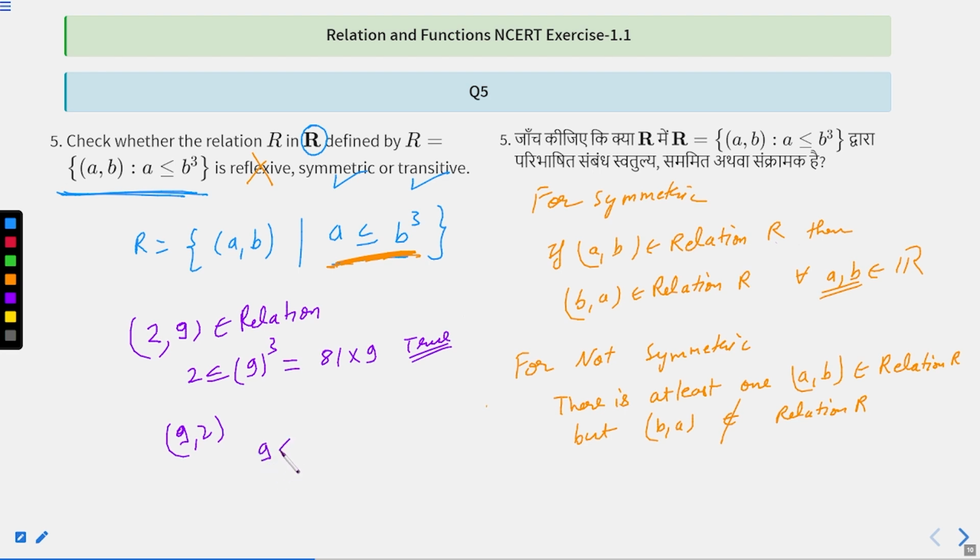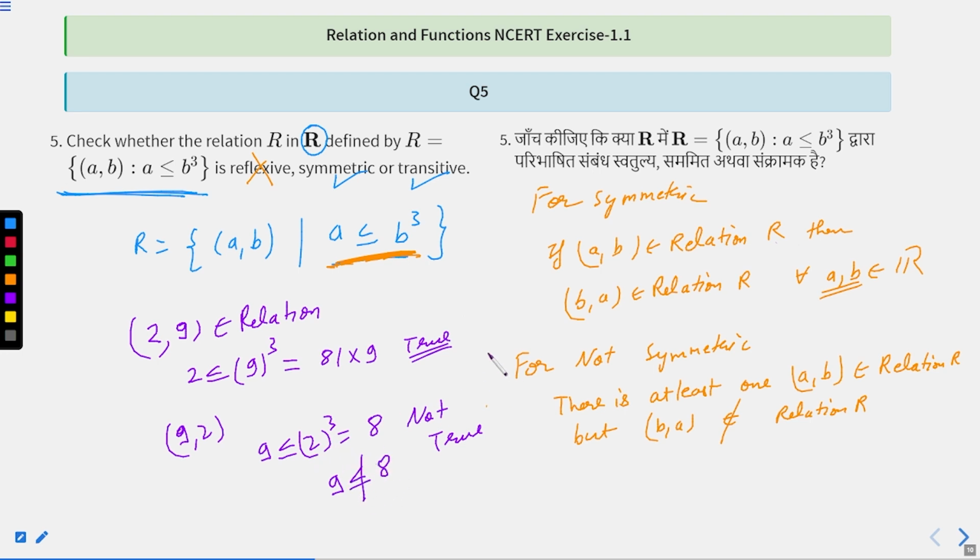9 is less than or equal to 2 cube. 2 cube is 8. Is this true? Not true. So we know that 9 is not less than or equal to 8.